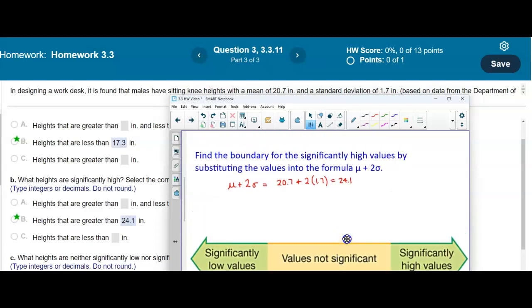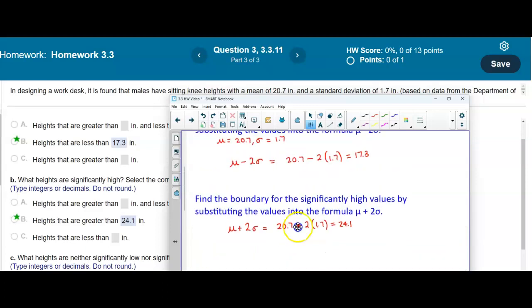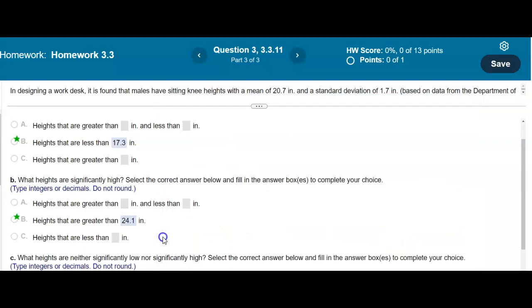Okay, and we know that the significantly low value was 17.3. And this value is 24.1. So anything above, again, was significantly high. Anything below that value was significantly low. And anywhere in between is going to be the values that are not significant.